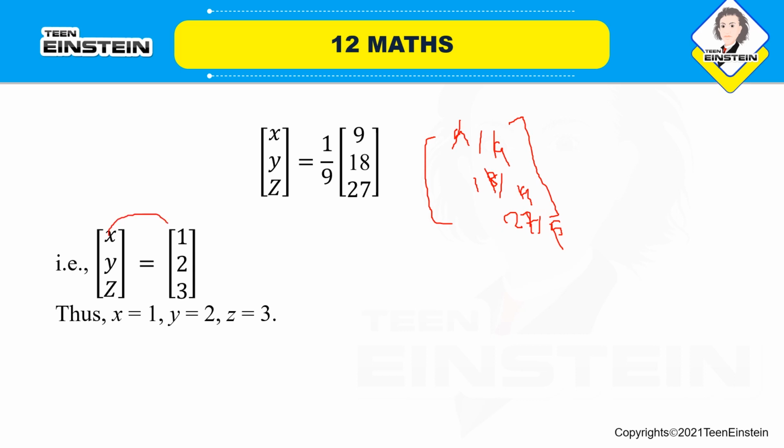So on equating, we get x equal to 1, y equal to 2, z equal to 3. Therefore, the three numbers are 1, 2, 3. You can check this. Sum of three numbers is 6, right? So 1 plus 2 plus 3 equal to 6. You can check with any one of the equations.